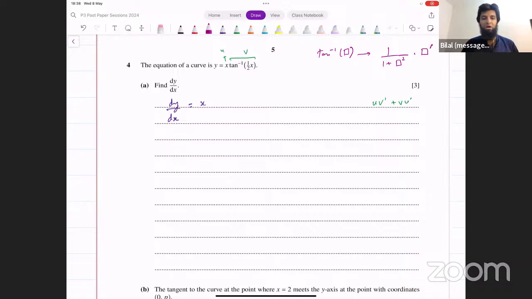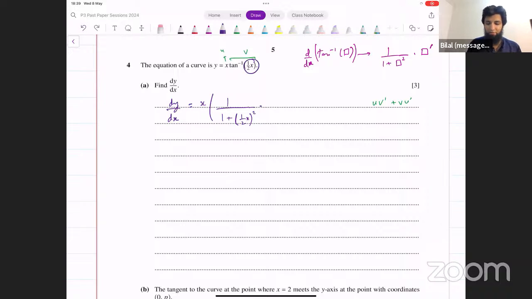That's the rule that we've got for differentiating tan inverse. Okay, so what's v' then? Derivative of this thing, that's going to be 1 over 1 plus half x squared multiplied by derivative of half x.